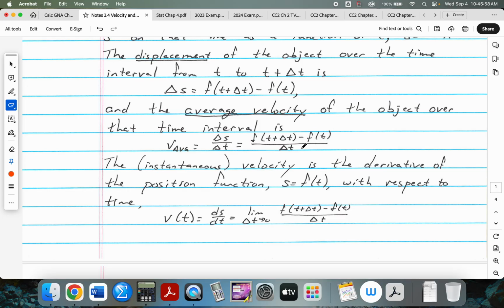That should look pretty familiar to you at this point, right? What is that? Well, that is f prime of t as delta t goes to 0.